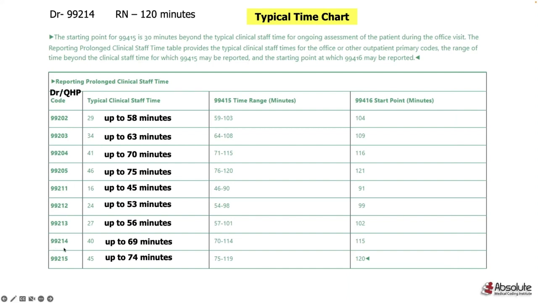If you go down, 99214 is right here. And the typical clinical staff time is no more than 69 minutes, from 40 to 69 minutes. And 30 minutes over that begins your time for prolonged services. So our time is 120 minutes.